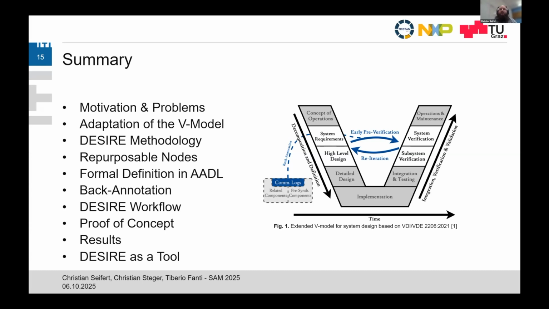This was followed by a proof of concept implementation where we talked about this NFC data reception use case, how it's structured and its logic, and we talked about the results of various different back-annotation approaches where we discussed that overfitting might occur when too much information is back-annotated into the node, making the node inflexible and not suitable for representing other systems. And last of all, I shortly talked with you about the Desire tool itself and would be glad if at least some of you would check it out upon a release.